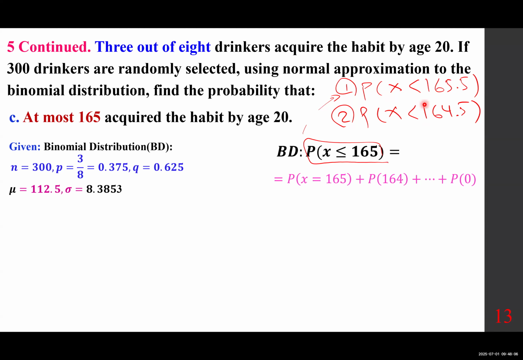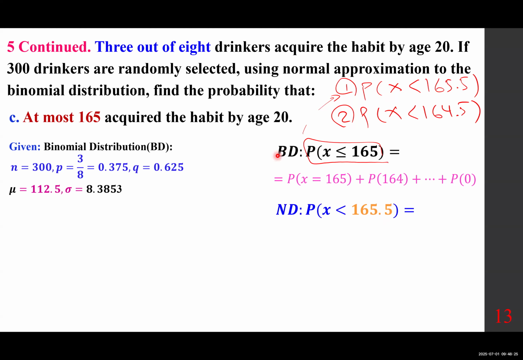So put the equality or not makes no difference. So less than 164.5, the first number would be 164. Less than 165.5, the first discrete number would be 165. Therefore, you have to go with this one. So you have to make a proper decision. So we go with this one.